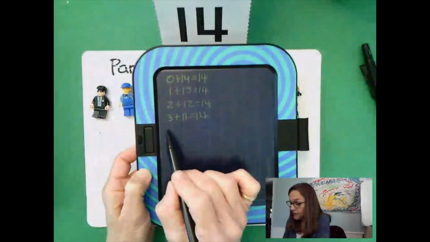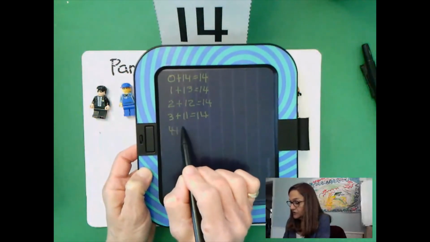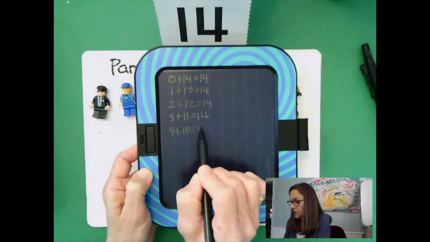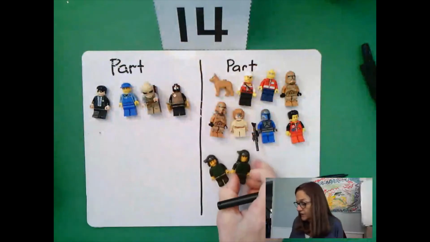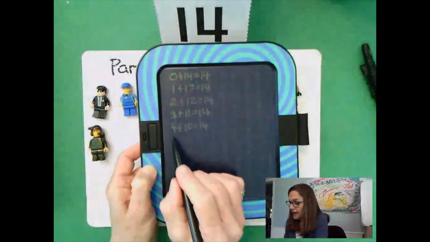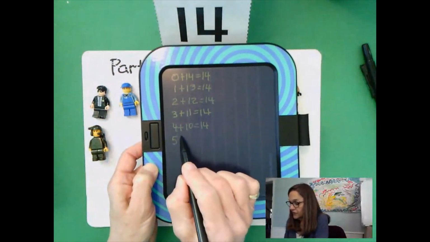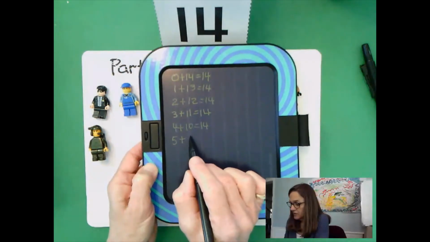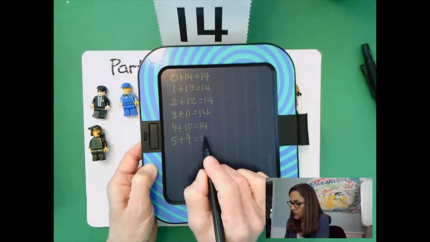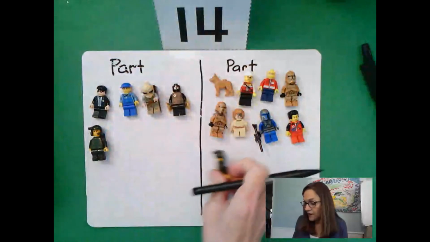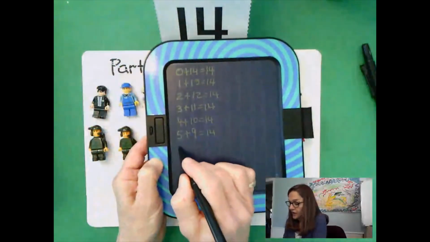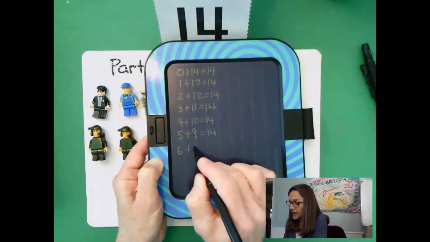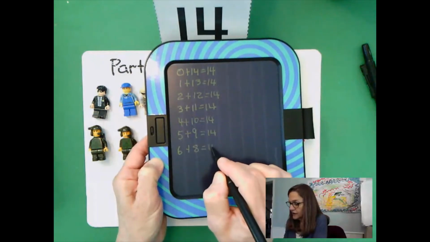So now we have 4 plus 10 equals 14. And another, 5 plus 9 equals 14. And another, 6 plus 8 equals 14.